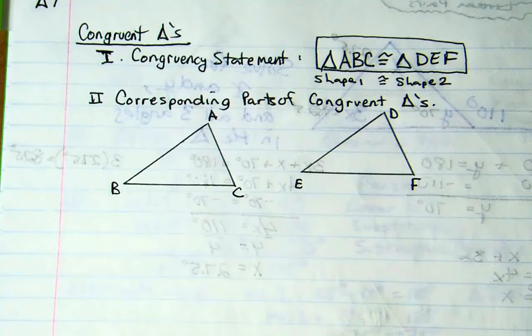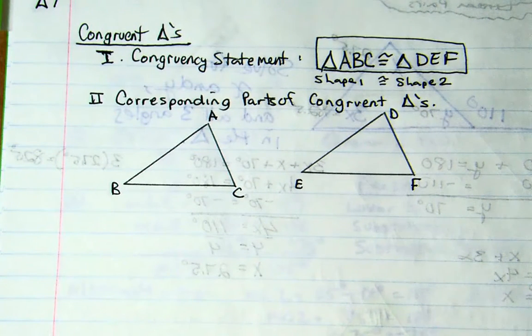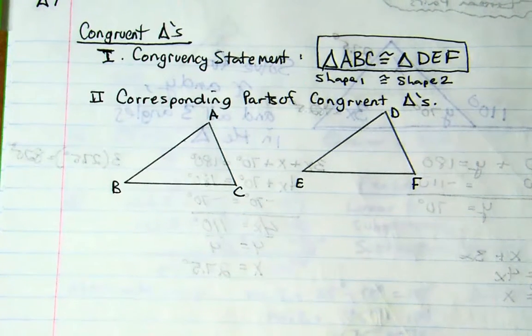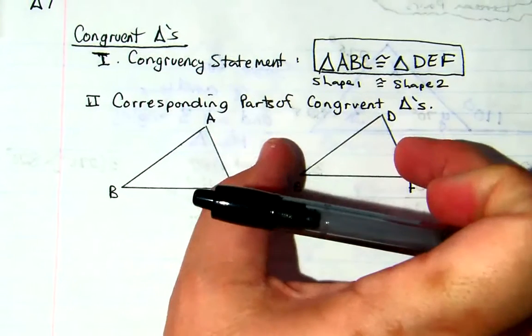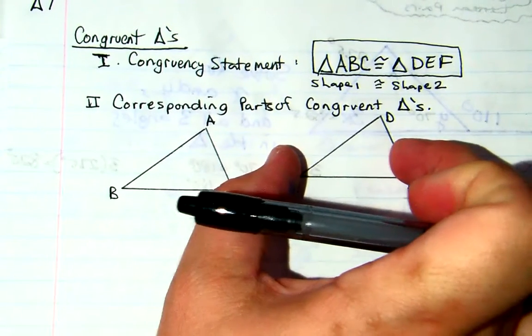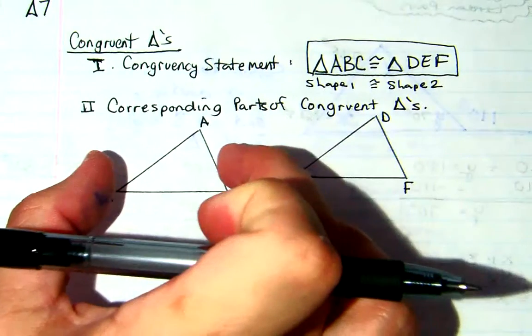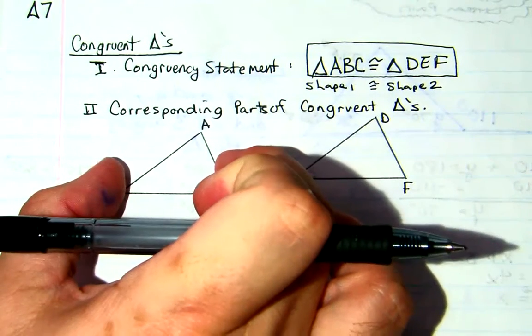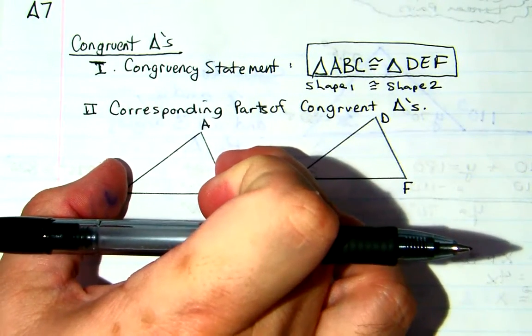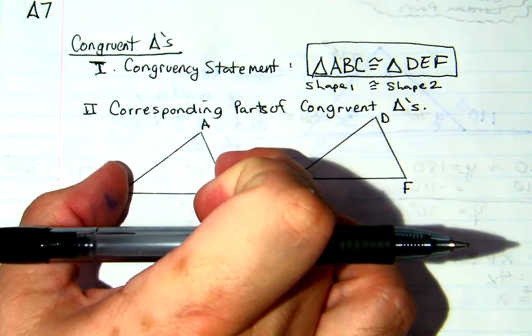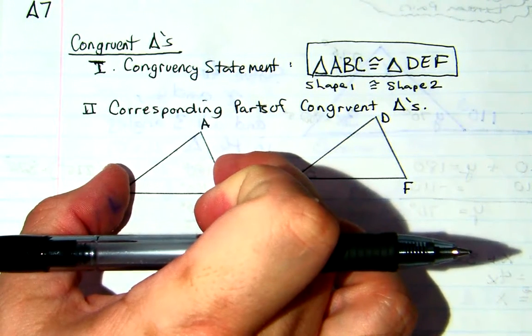Now, the new definition of congruent triangles that has come out with the Common Core says that if I'm able to take this triangle and move it, I can put that triangle right on top of this triangle and they would be the same exact shape and the same exact size. You will see no difference between the two of them.